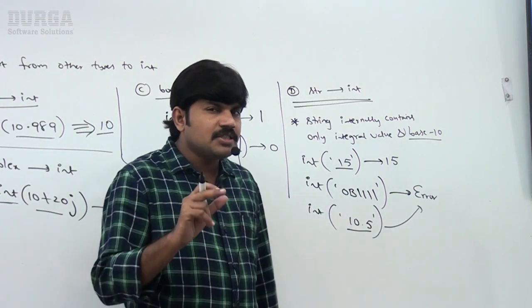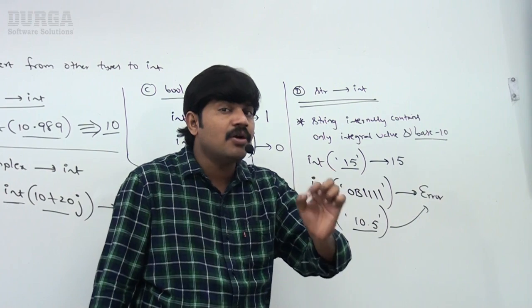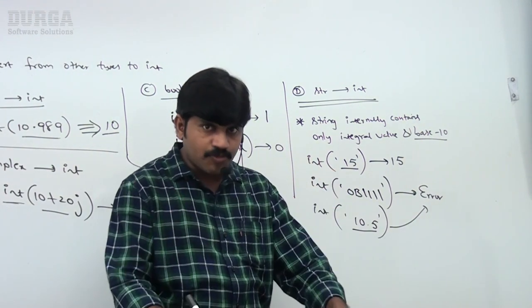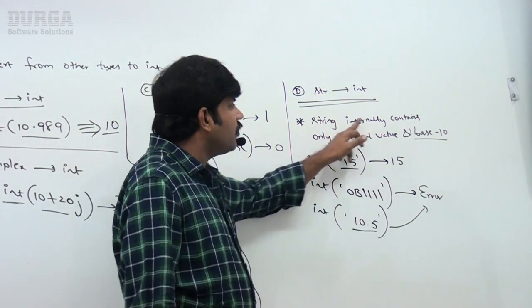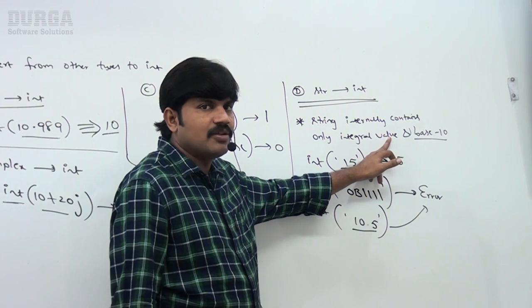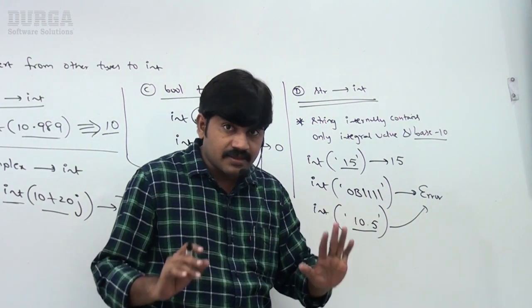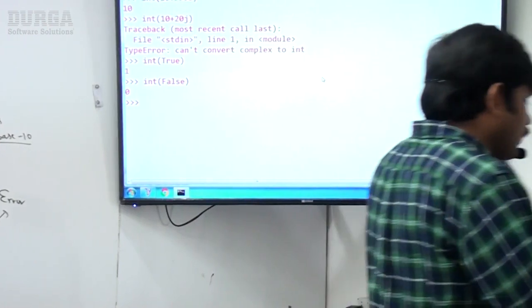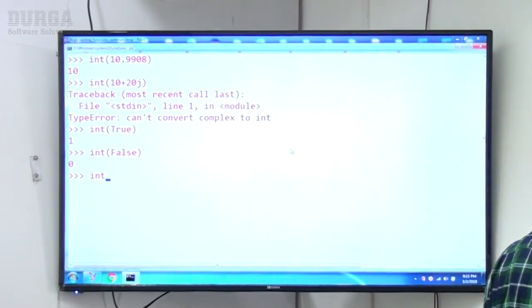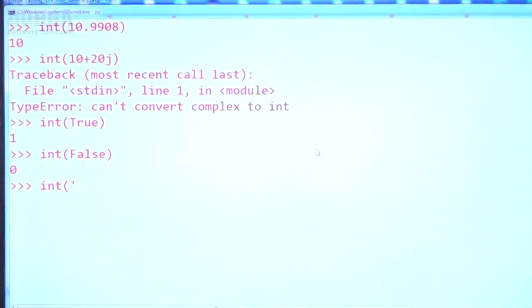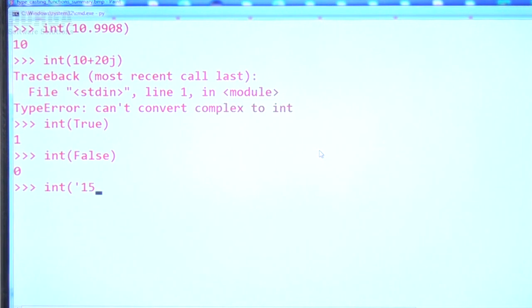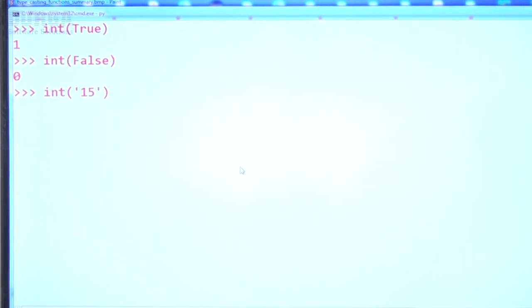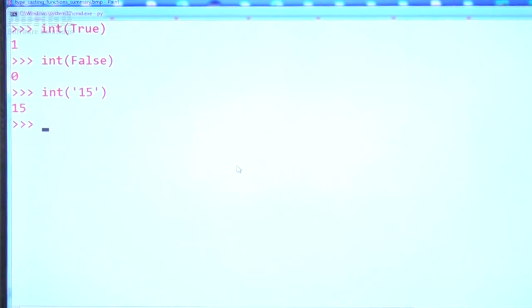So is it possible to convert string to int type or not? Yes, possible, but the string should contain only an integral value and it should be in base 10. Let me show this conversion also. Have a look once. If I take int of '15', valid, no problem at all, 15 is the answer.